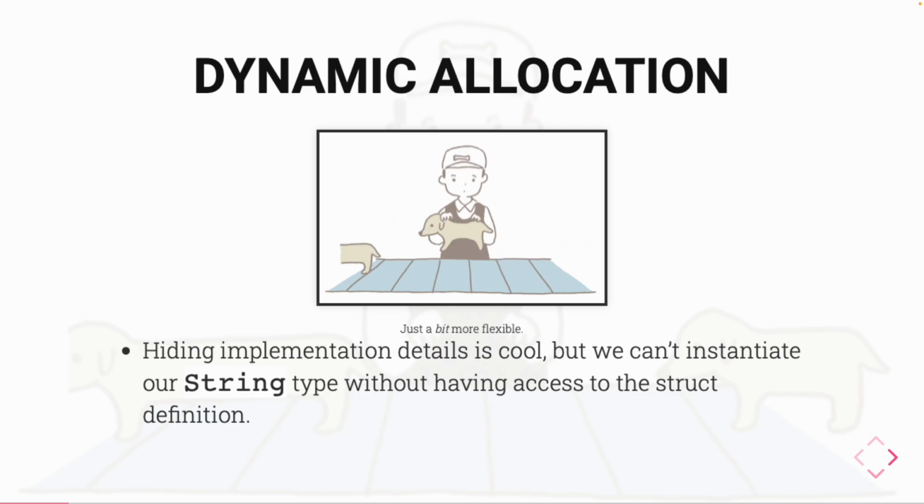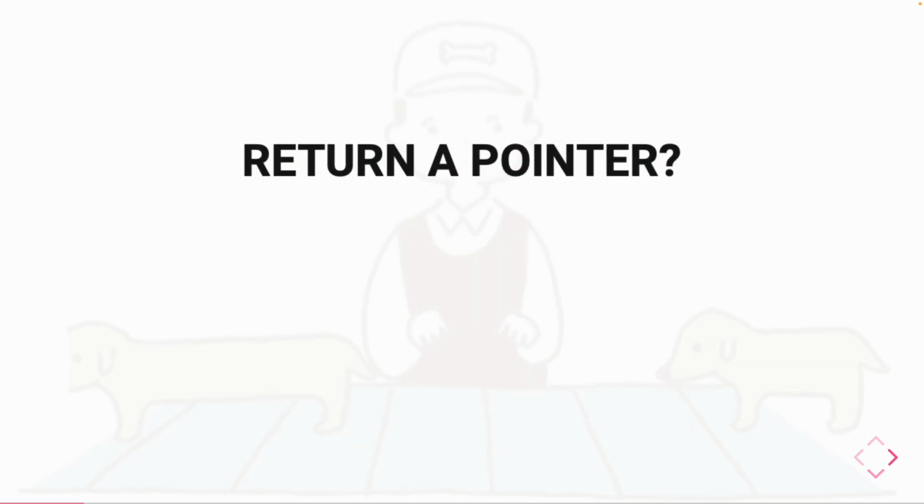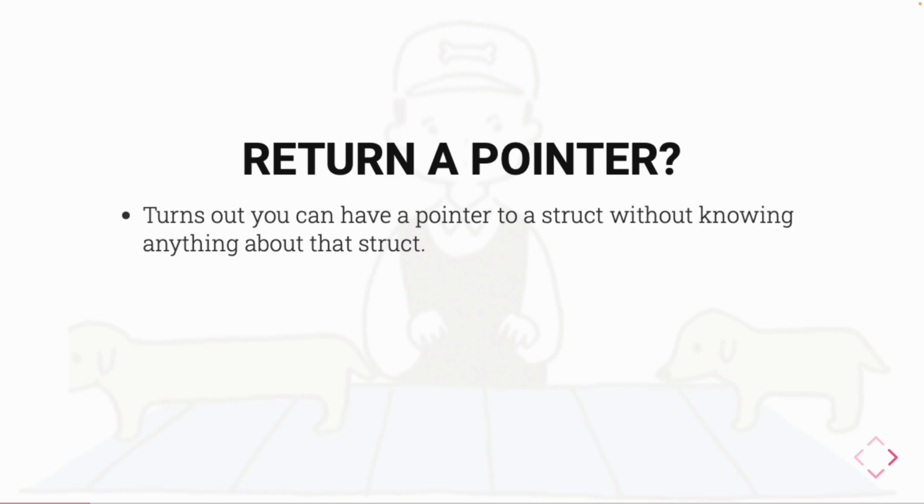So like I just said, hiding implementation details is great, but it kind of broke our code. So we can't instantiate the, almost said class, can't instantiate the struct the normal way. We could return a pointer because it turns out you could have a pointer to a struct without knowing anything about that struct.